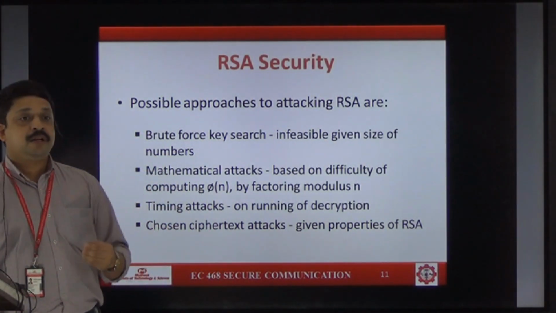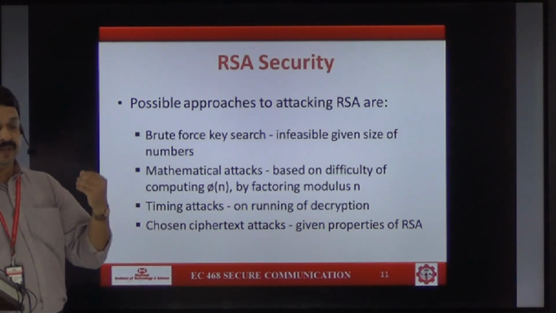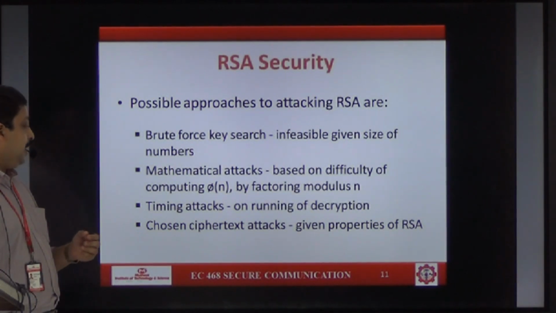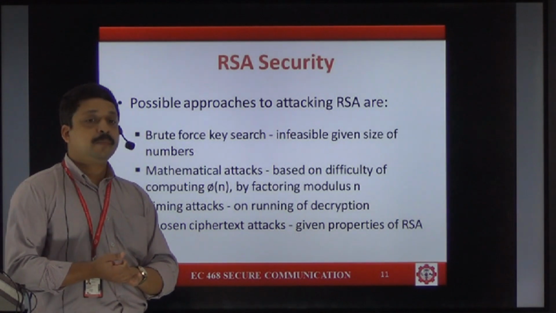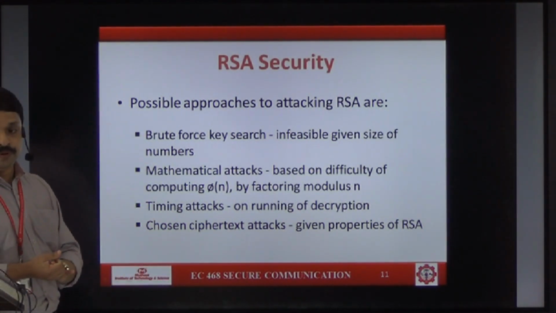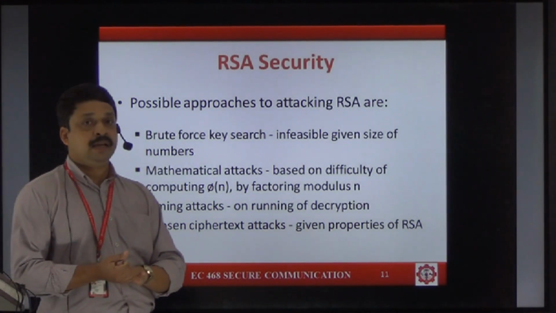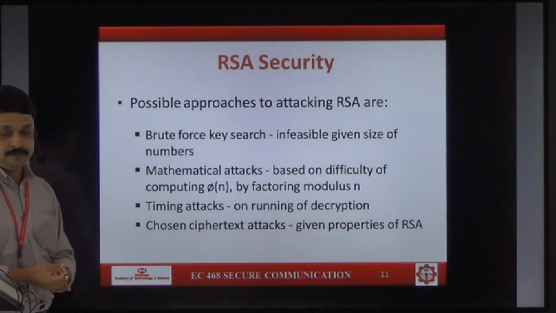So based on that, we will be able to derive some conclusions. And the last option is chosen ciphertext attacks. So that depends on the properties of RSA. So the possible attacks are brute force key search method, mathematical attacks, timing attacks, and chosen ciphertext attacks.